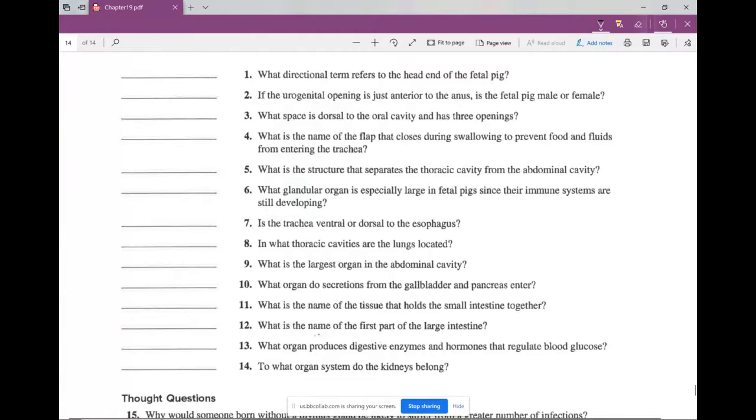What directional term refers to the head end of the fetal pig? It's anterior. If the urogenital opening is just anterior to the anus, is the fetal pig male or female?